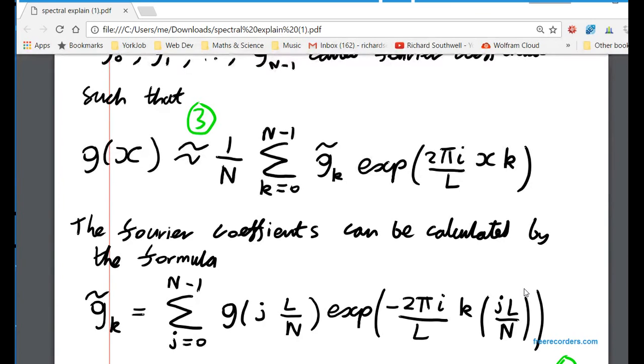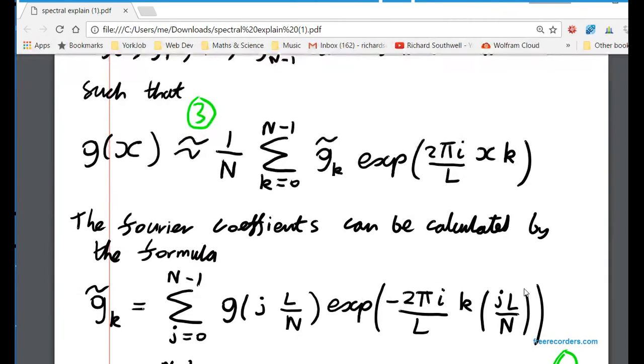Well, it turns out you can work out what the Fourier coefficients are in terms of the samplings of g on these grid points by a very similar formula to the way that you can approximate the grid points via the Fourier coefficients, as in equation 3.